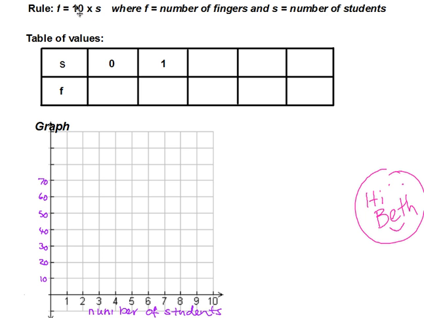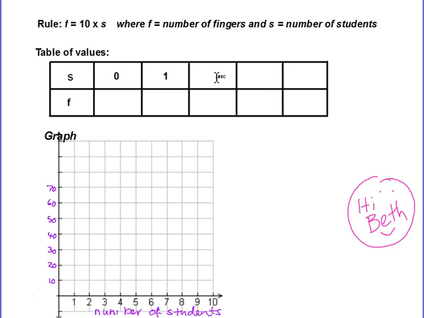What we can do now is create a table of values. In fact, here's one I've prepared earlier. And I'm going to assign some values for the number of students. Sorry, I'll just change that from purple to black so it's easier to read.